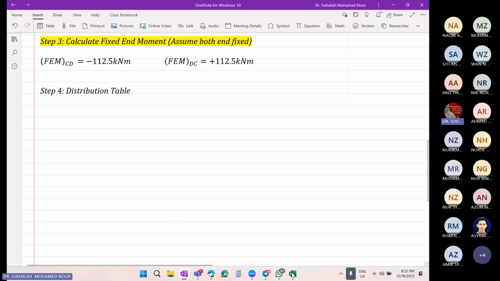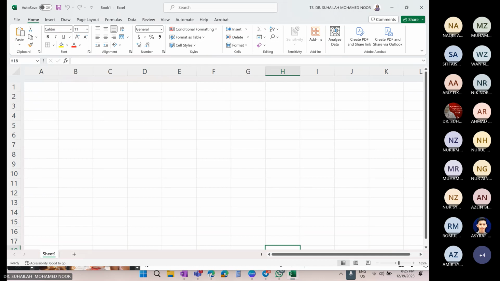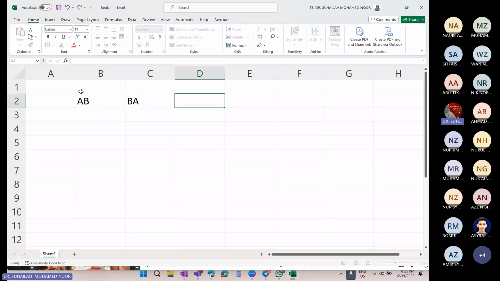Okay, for the table, I want to move to this Excel. It has AB, BA, BC, CB, CD, DC.